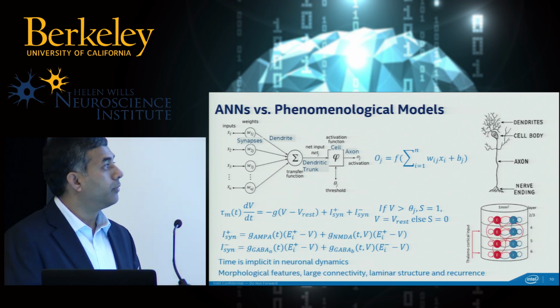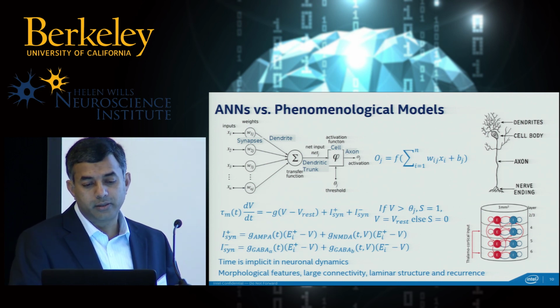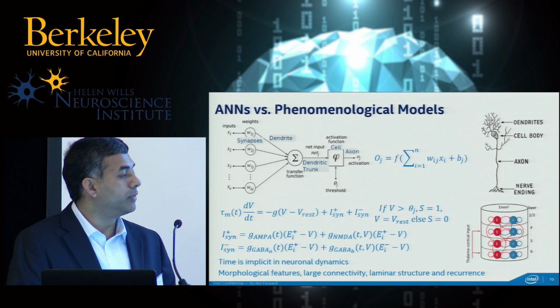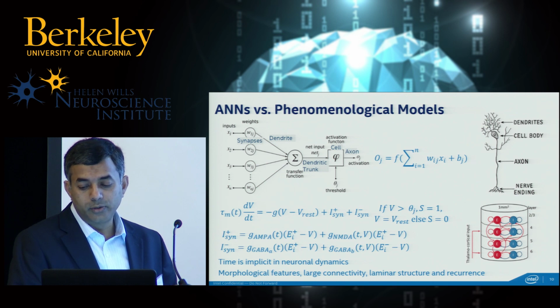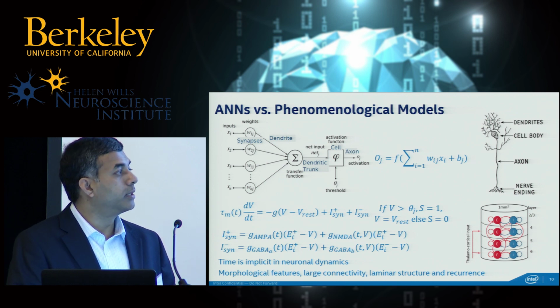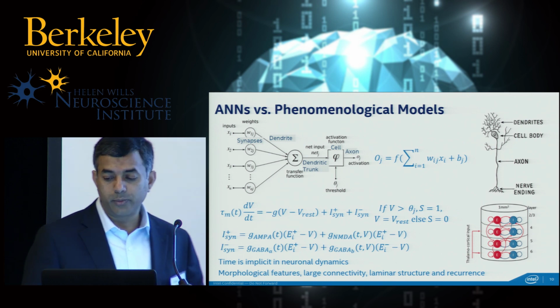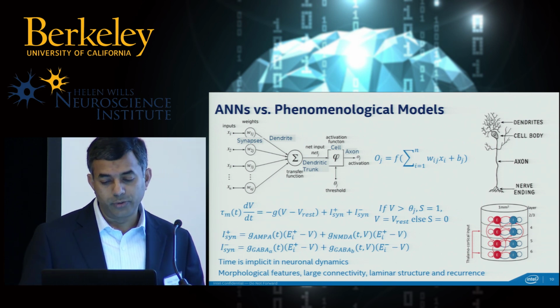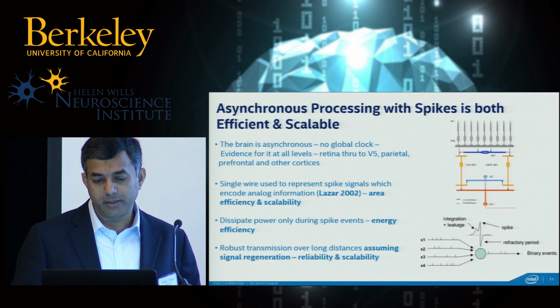Of course, we heard from Christof and others about a whole bunch of features that are prevalent: morphological features, large connectivity, we're talking 1:10,000, laminar structures, layered architectures that seem to repeat themselves, with recurrent networks where networks of excitatory and inhibitory neurons are put together in arbitrary configurations to realize very complex dynamics.